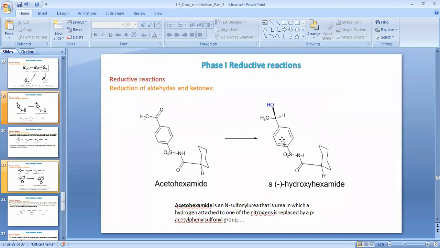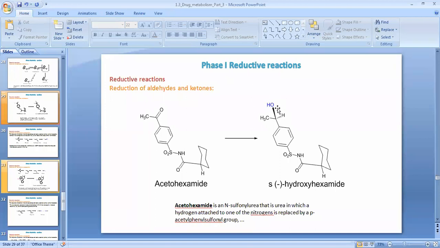Second example, acetohexamide. Now, it is an N-sulfonyl urea derivative for the treatment of diabetes. So what happened for this acetohexamide? See, it contains an amide functional group containing a carbonyl functional group. See, this is the structure. It contains a ketone functional group. Now, generally, a ketone functional group will be converted into what type?